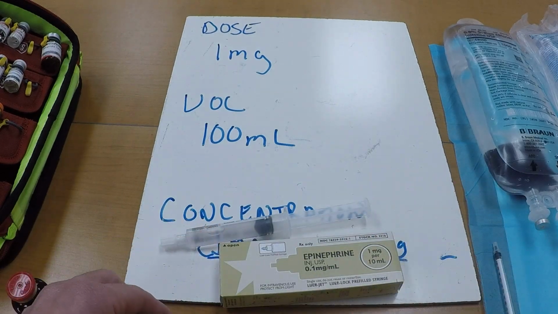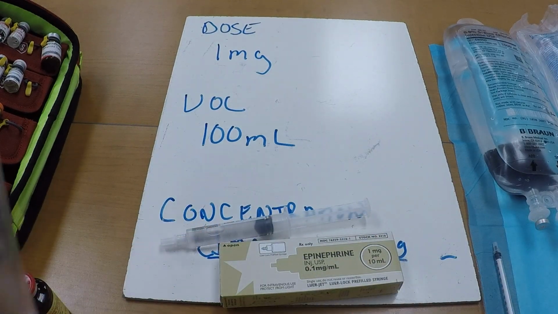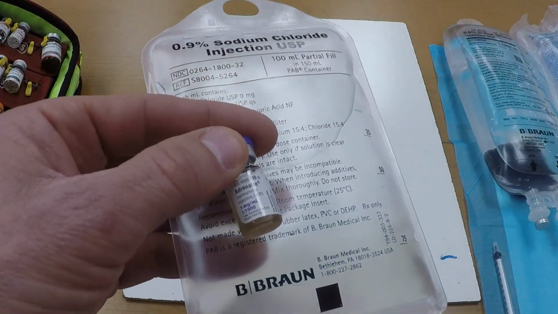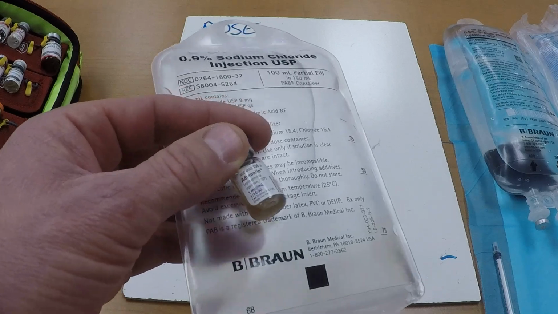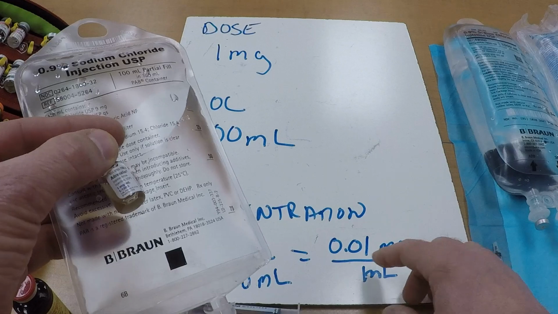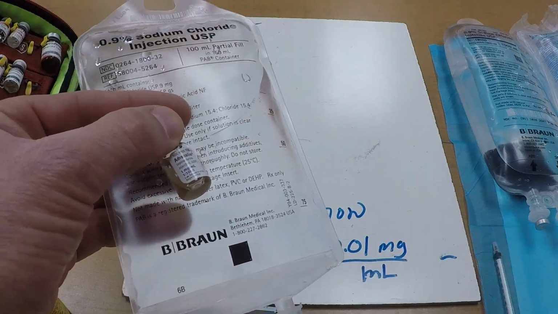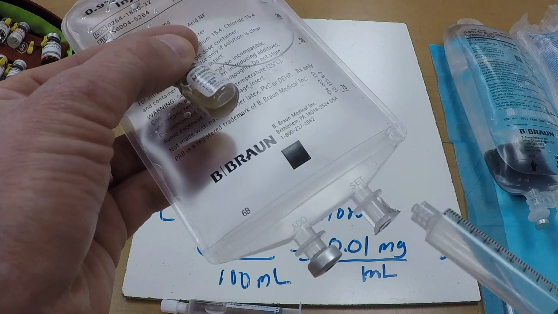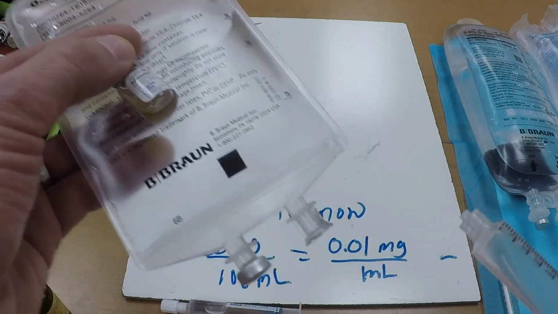Use the gray box, or if we're going to give the live dose, where we're trying to support someone's blood pressure or their bradycardia, we're going to mix this. Now we have our 0.01 milligram per milliliter, and we're going to draw from this, whatever your local protocols or practices are.